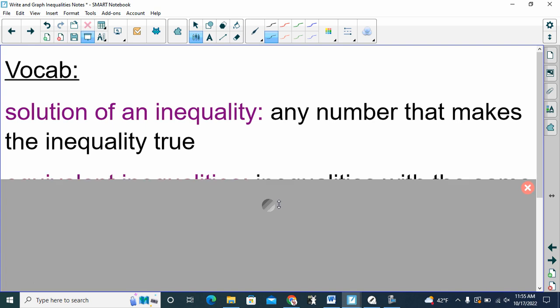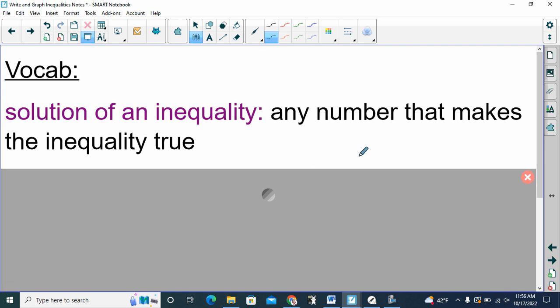The first is a solution of an inequality. We have previously defined the solution of an equation. Remember, equations have equal signs. Inequalities have less than or greater than, less than or equal to, or greater than or equal to signs. The solution of an inequality is any number that makes that inequality true.